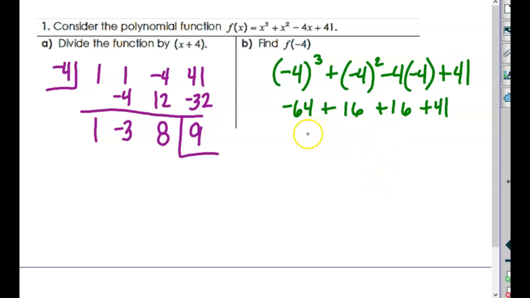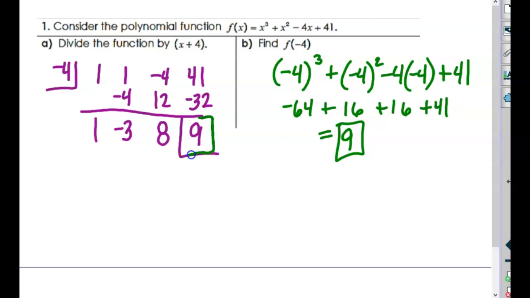No, I'm not. Okay. Did somebody get a 9? Is anybody not getting a 9? I would type it just like this with all the parentheses and everything.